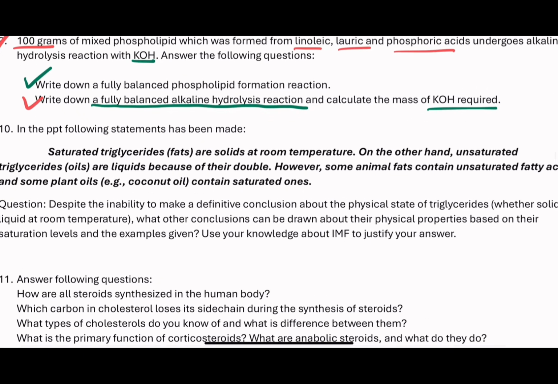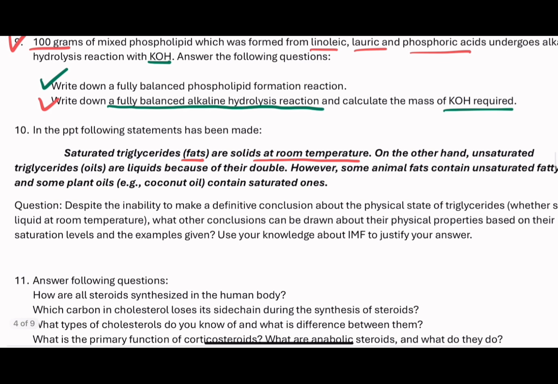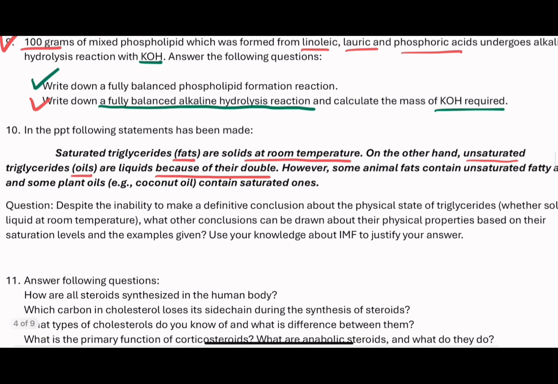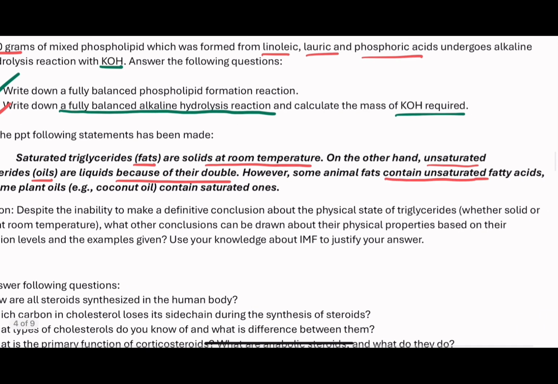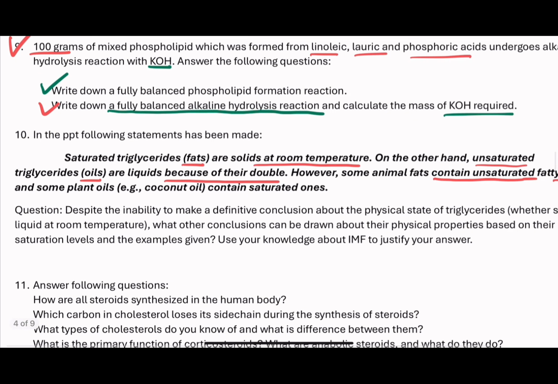It says saturated triglyceride fats are solid at room temperature. On the other hand, unsaturated triglyceride oils are liquid because of their double bond. However, some animal fats contain unsaturated fatty acid, and some plant oils contain saturated ones.